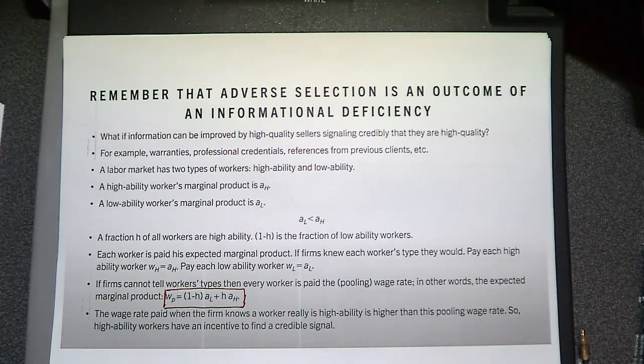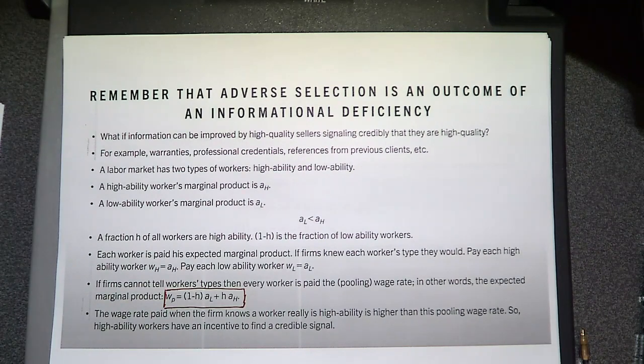Yeah? So assuming that you have H high ability workers and then 1 minus H low ability workers, the pool wage, or the pool equilibrium in this case, will be 1 minus H, which is the proportion of low ability workers in this market, times the marginal product for low ability, plus the proportion of high ability workers, which is H, times the marginal product of labor for high ability workers.